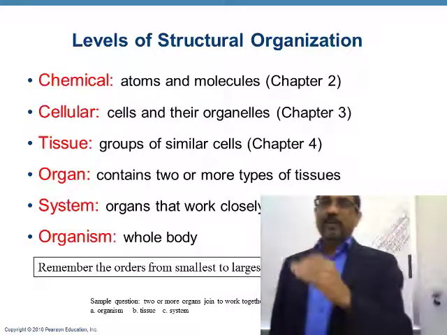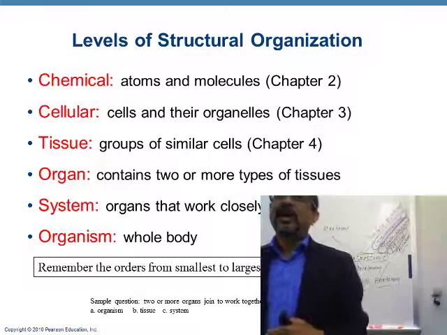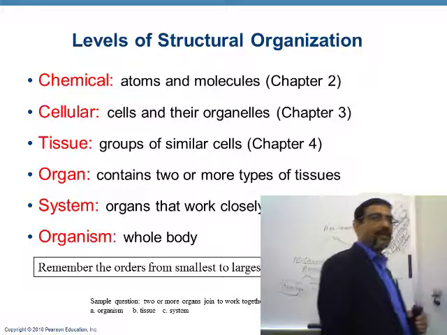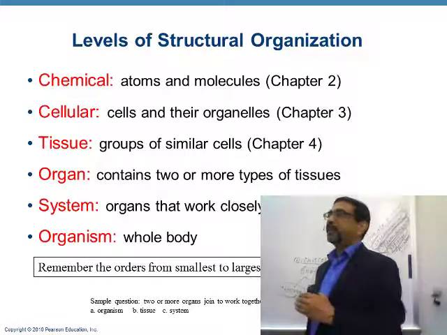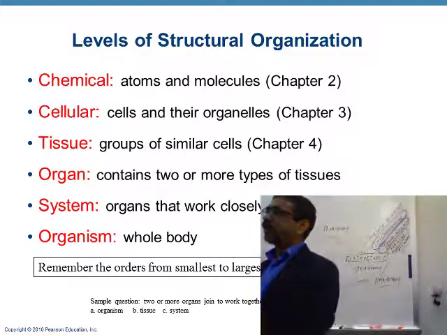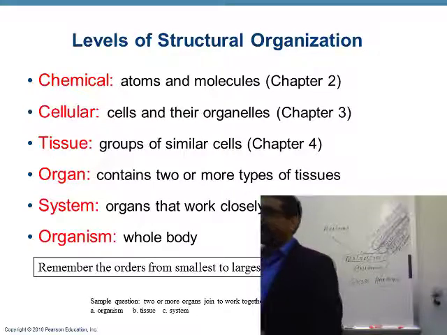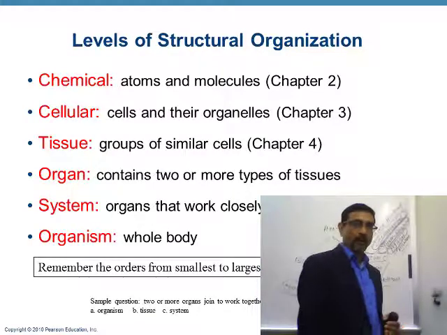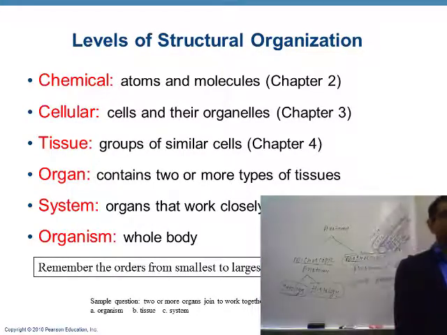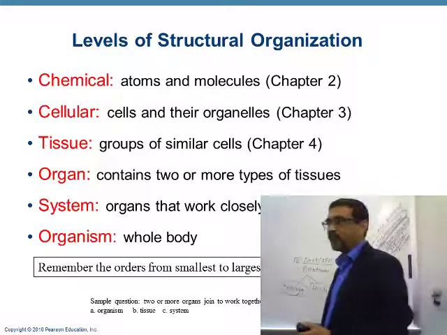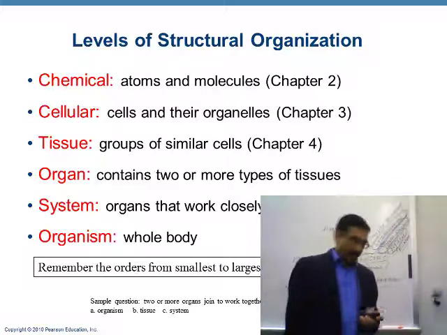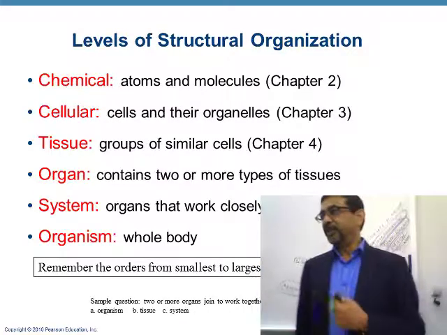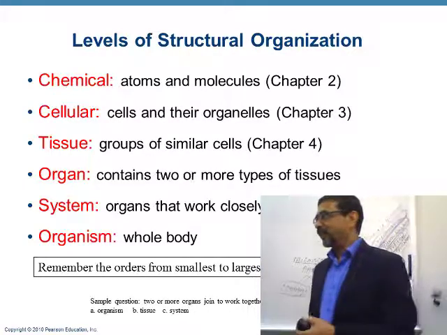Then one level higher or larger is the tissue. Why? Because tissue is the collection of many similar cells. So many similar cells grouped together or joined together to form the tissue. For example, connective tissue, one type of tissue, right?